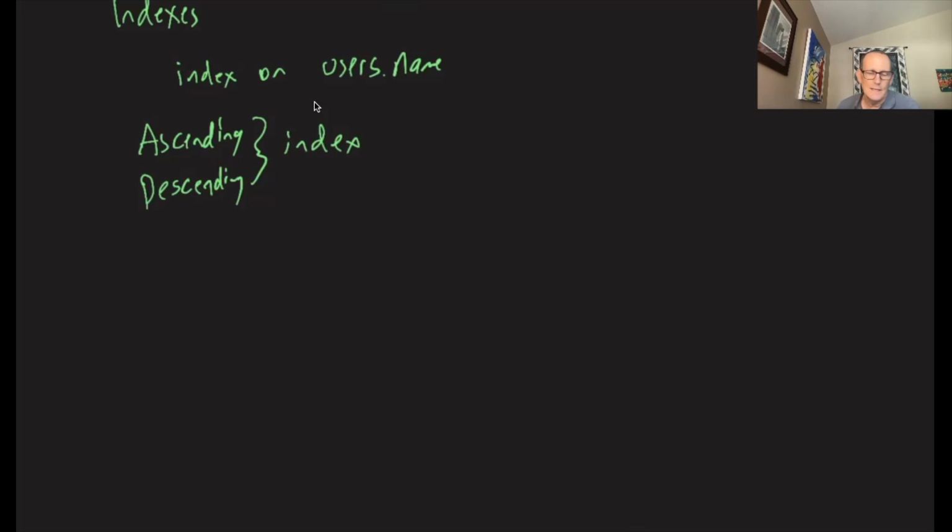So these allow sorting. Depending on which index it is, you can sort alphabetically if it's ascending or reverse alphabetically if it's descending. The other thing this allows is equality testing, so you can do exact testing in linear time.